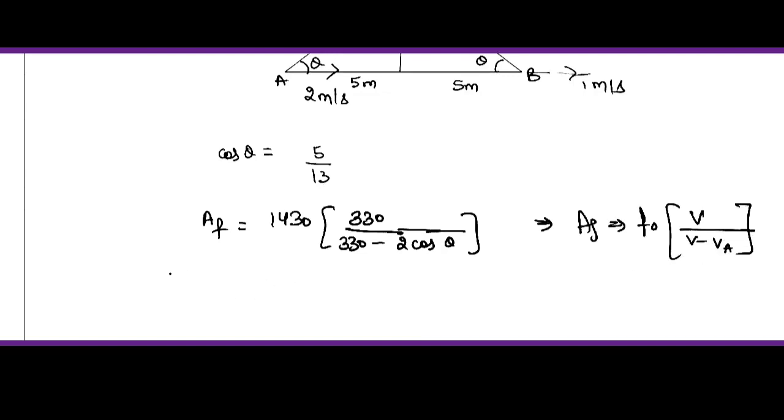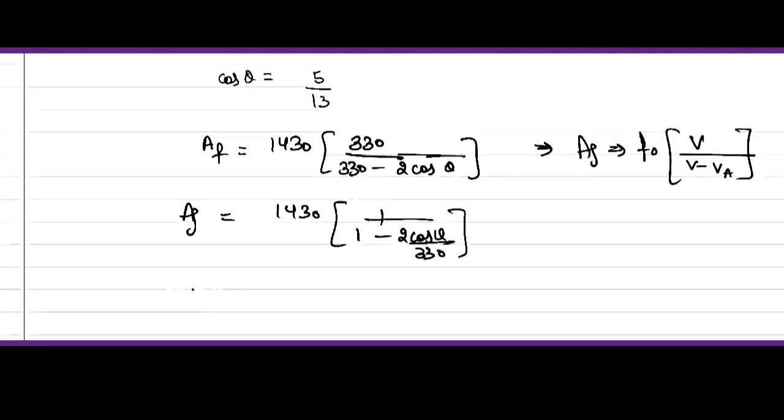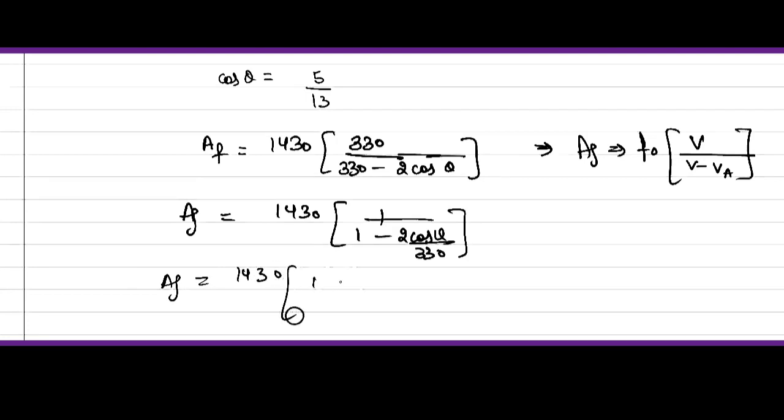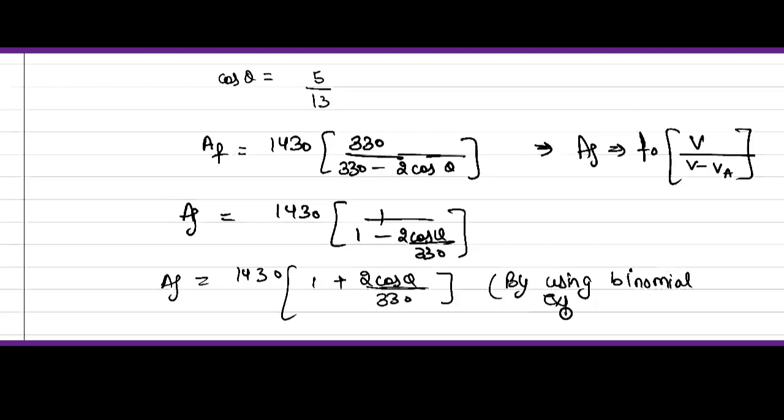So this equals 430 times 1 divided by (1 minus 2 cos theta over 330); we have taken 330 common and cancelled out. So we get apparent frequency equal to 430 times (1 plus 2 cos theta over 330), using binomial expansion.